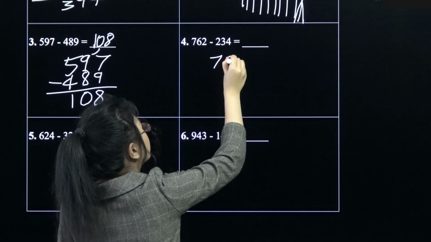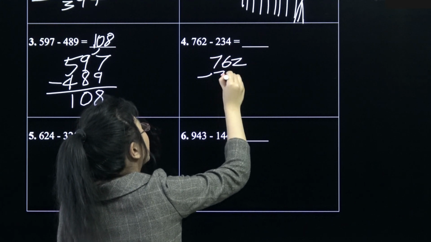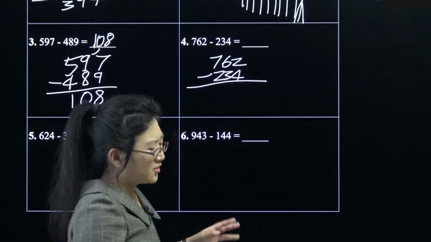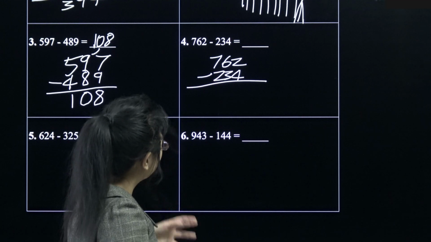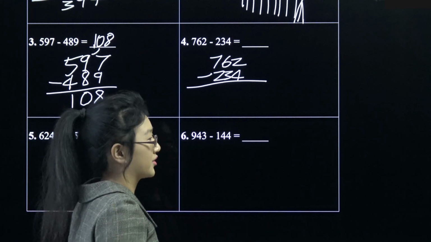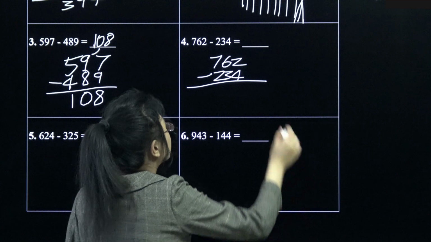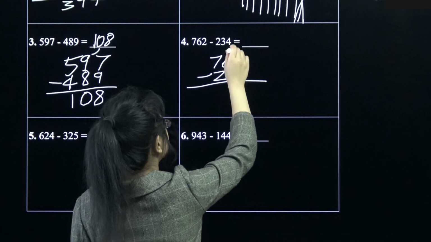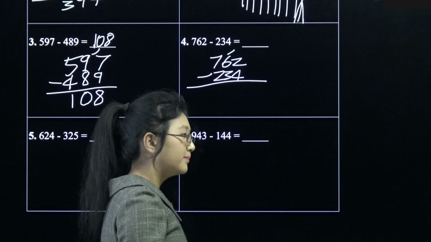762 minus 234. Okay, we're regrouping tens right here. This is supposed to be about regrouping hundreds. But I guess they're just trying to throw us off. Now, 2 minus 4 doesn't work. We regroup.